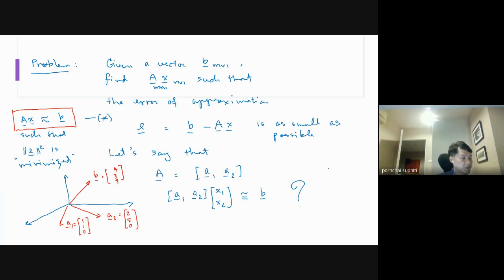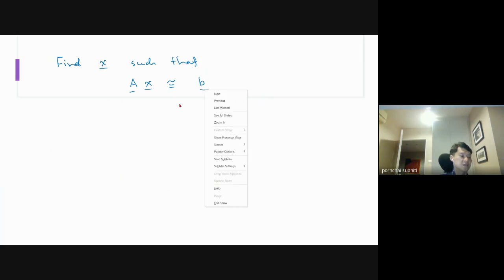So what we will do is use the concept that we saw earlier. We want to find X such that AX approximates B. Well, there are two ways to solve this problem.